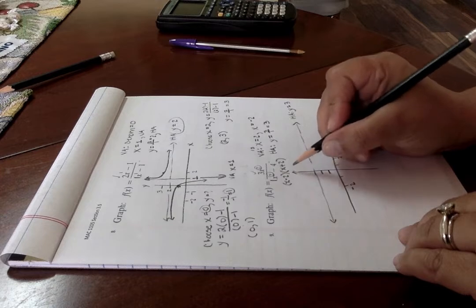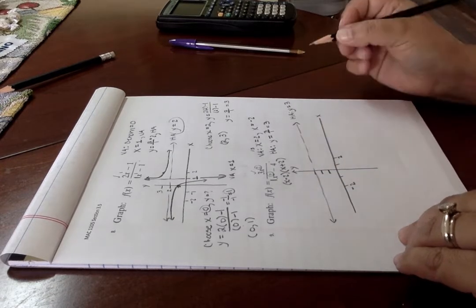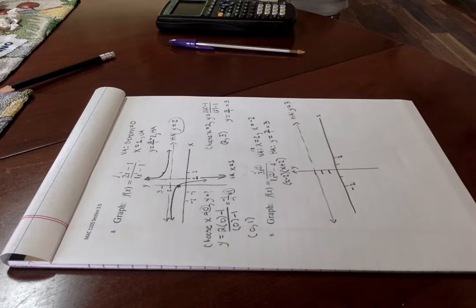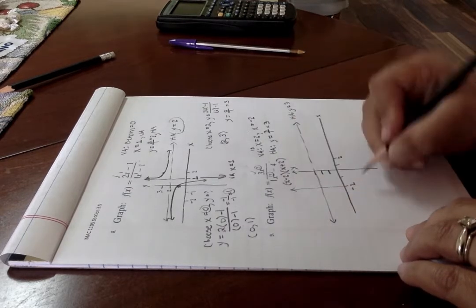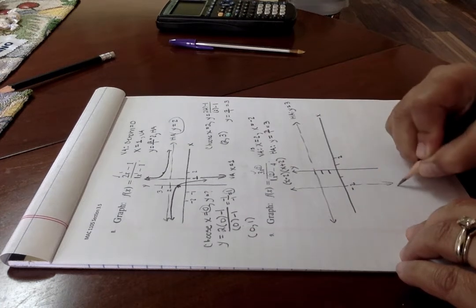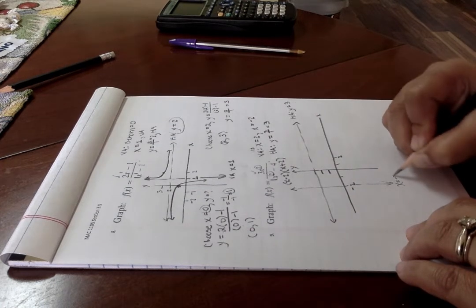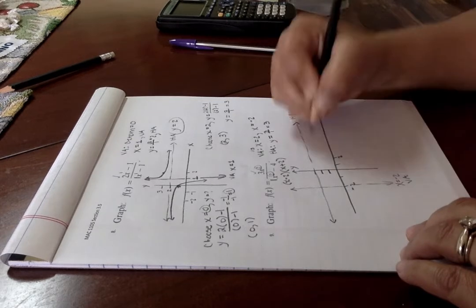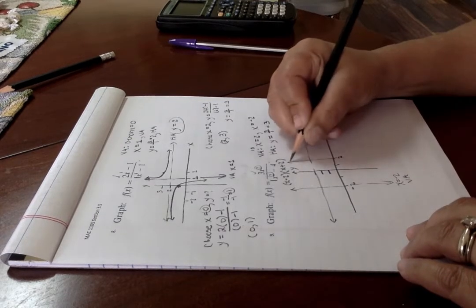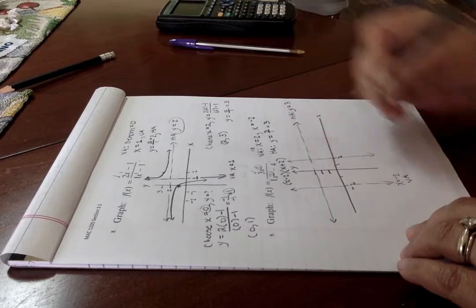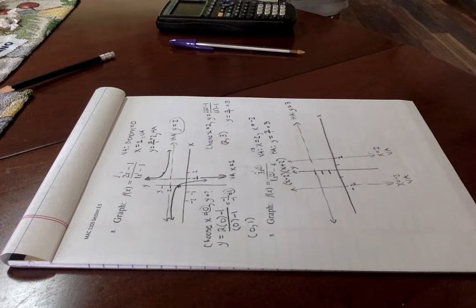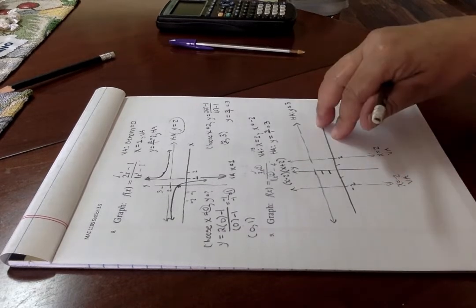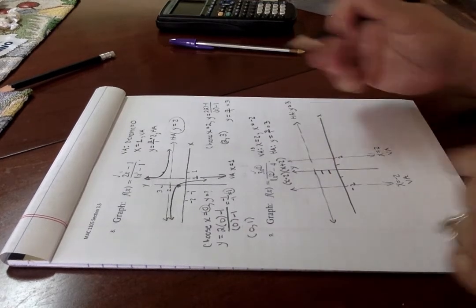And this is my y-axis, x-axis, and then my vertical asymptotes are here. This one's called x equal to -2, that's one of my vertical asymptotes. This is x equal to +2, it's another vertical asymptote, and we're going to have to figure out what's going on in the middle, on the sides, and on both of the ends.